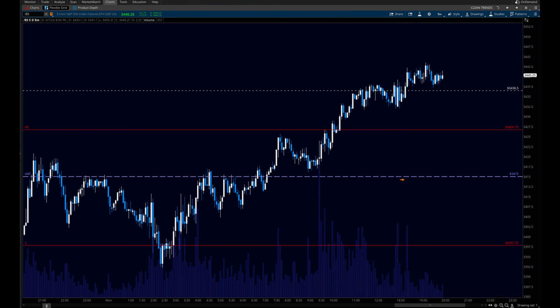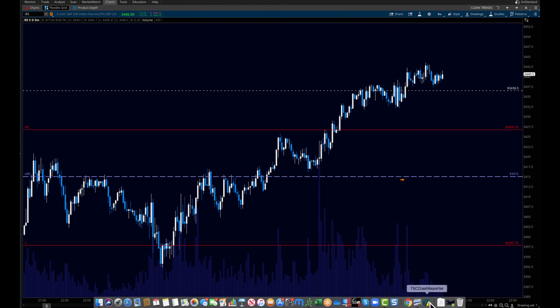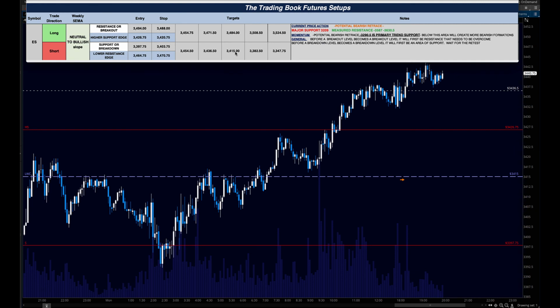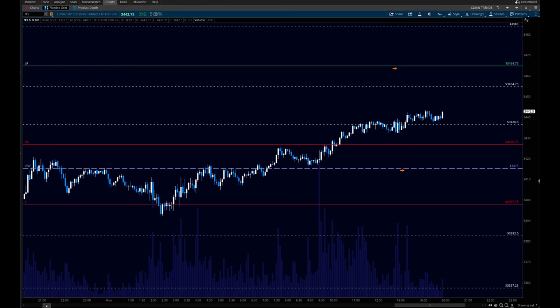Our next line in the sand above 34.15 is our 34.36, right here. And above that zone, we've got our 34.54 area.